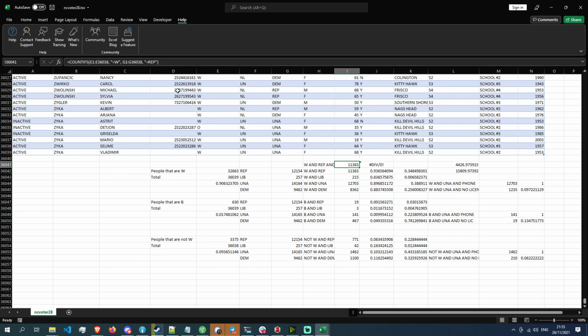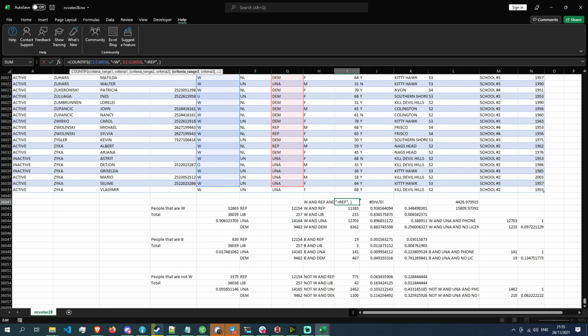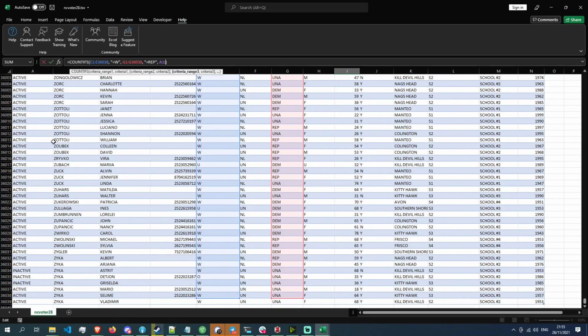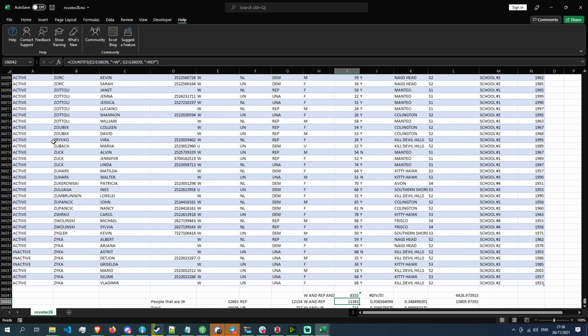This is COUNTIF, and we'll just count the people that are active. So people that have active in column A. A1, A2, A36039 equals active. Now let's correct all of this as well.